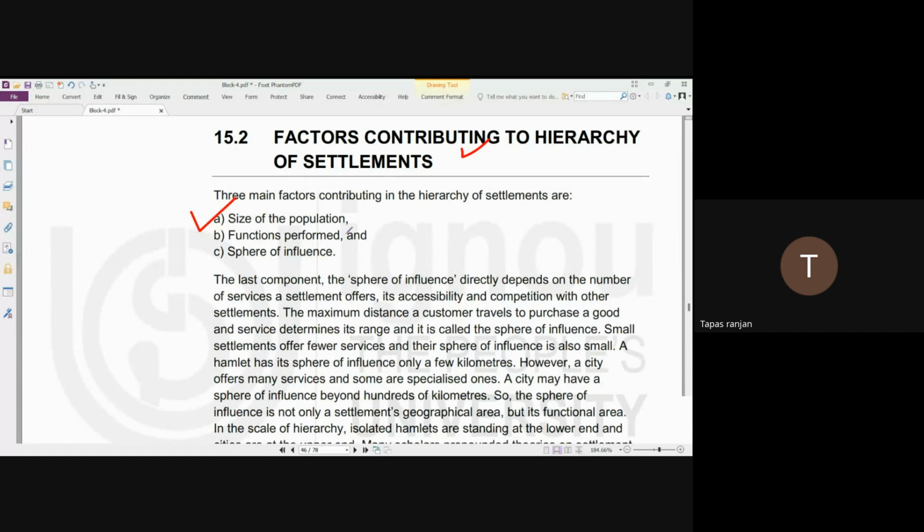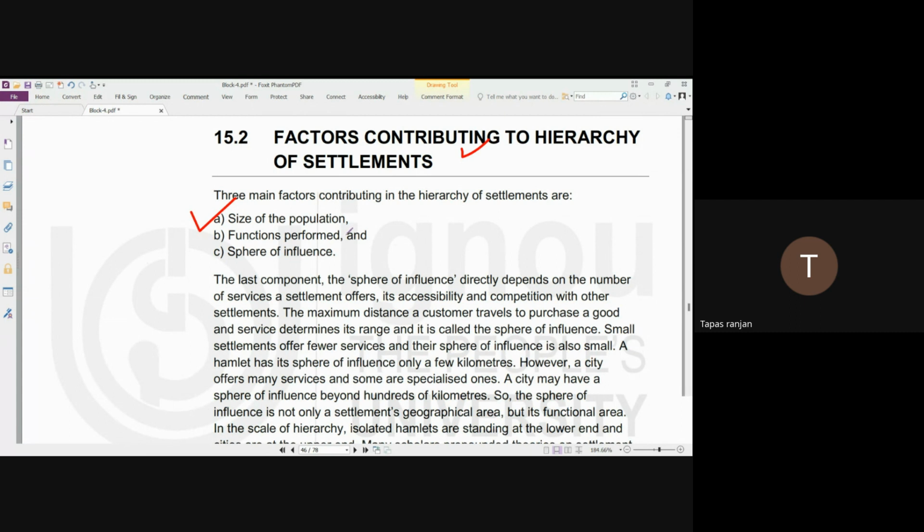Six classes of towns have been defined by the Census of India, and those classes are based only on population size. Then based on the functions performed, we have already discussed different functional classifications of towns.